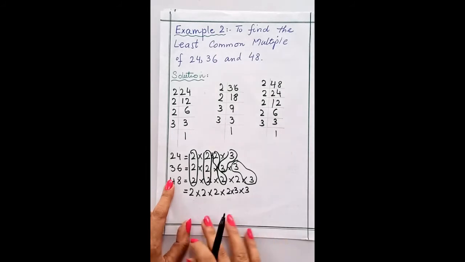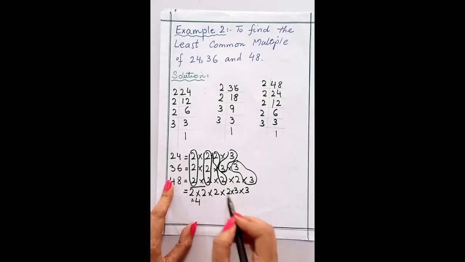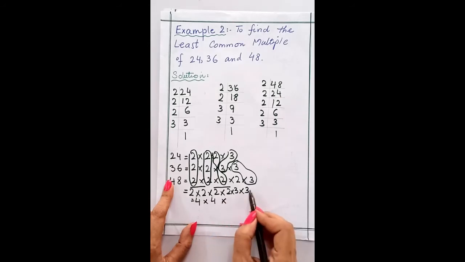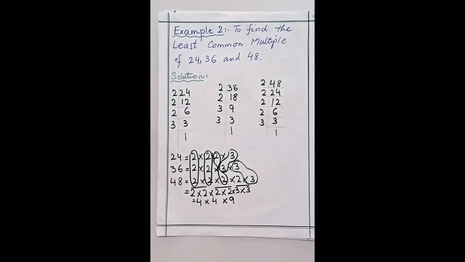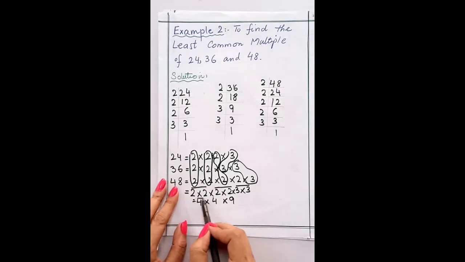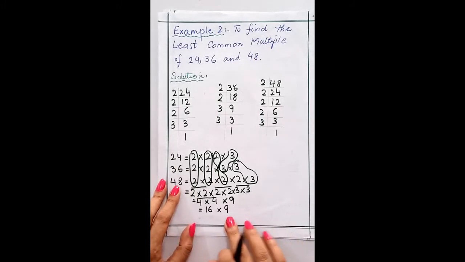So now we will multiply all together. 2 2s are 4, then again 2 2s are 4 and 3 3s are 9. Then 4 4s are 16 and this 9 we will write down again as it is.